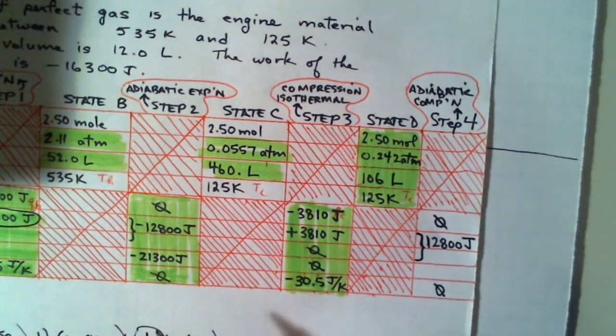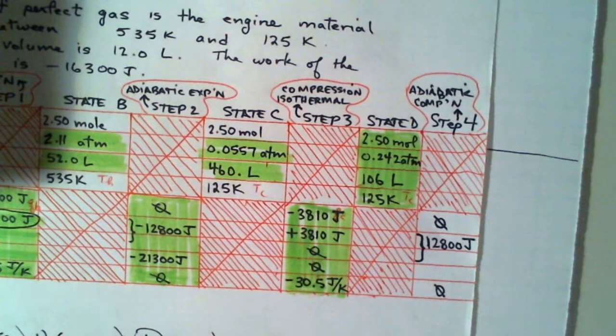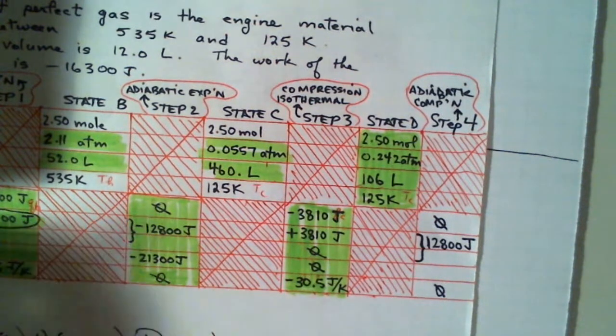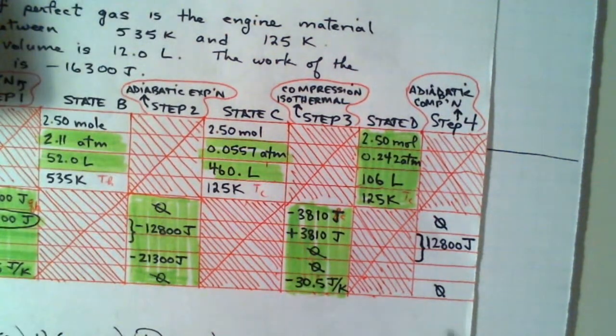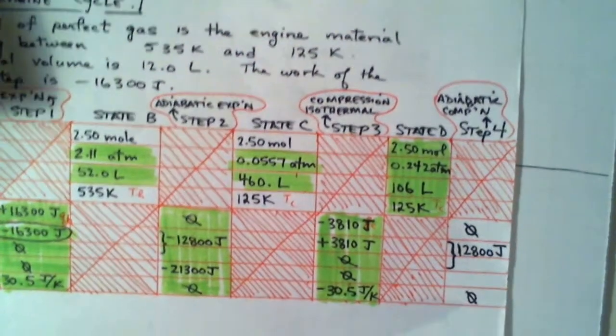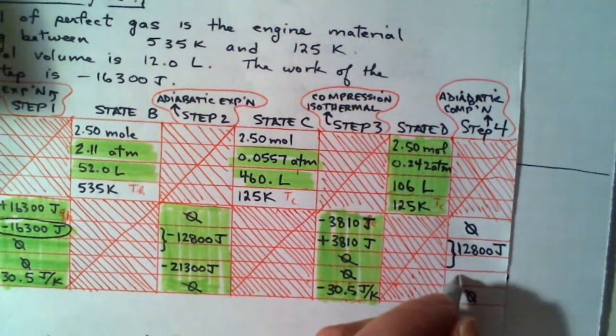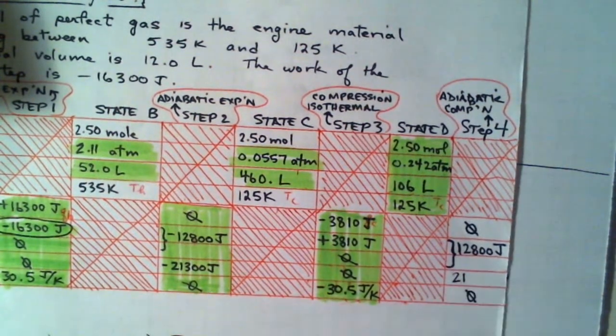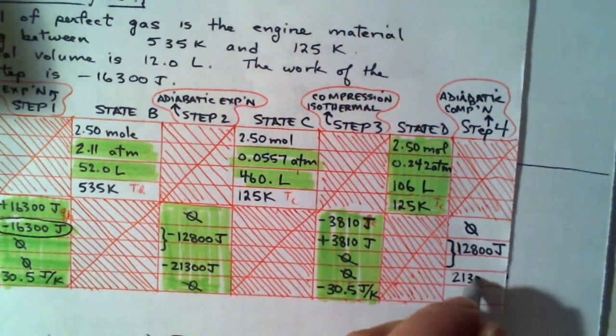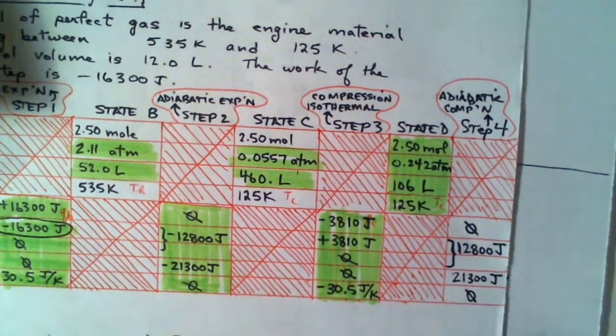And, oops, sorry, hit the microphone. And then the delta H is delta U plus nR delta T. We've got everything to calculate that. Check your answer with this one. I have 21300. There we go.